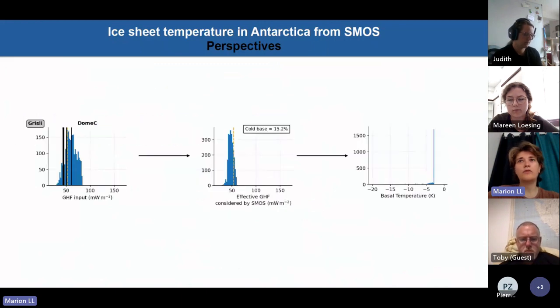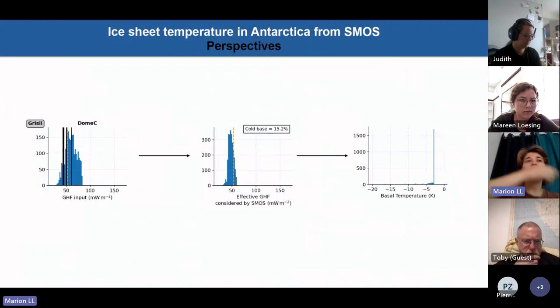So I show you just some ideas. Here on the left, you have the posterior distribution of geothermal flux at Dome C. In blue and in black, we have the a priori value, and the dashed line is the maximum likelihood that we have.